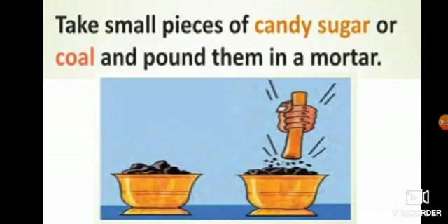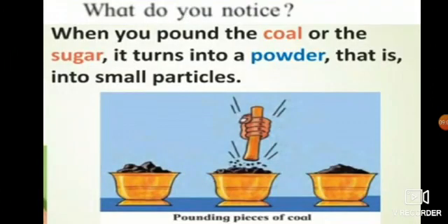So exactly what happens when you pound the coal or the sugar, it turns into a powder, that is into small particles. So what exactly can you see here?